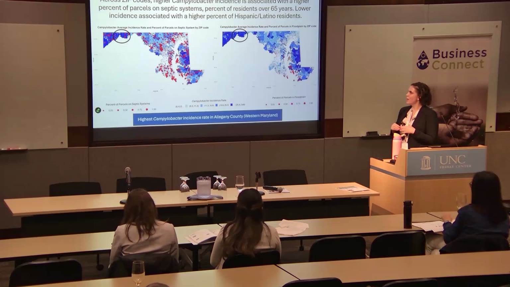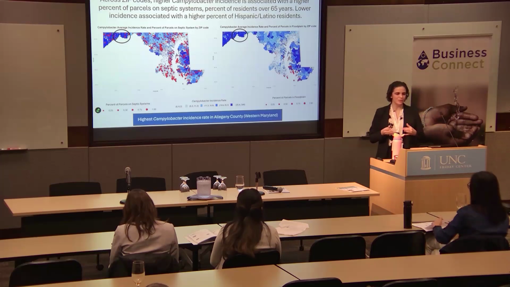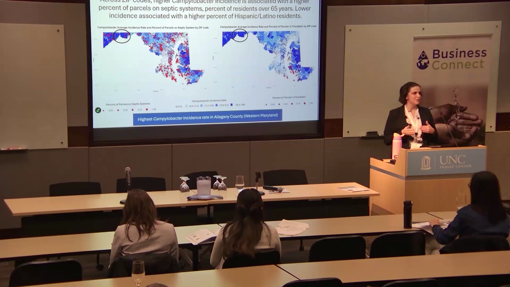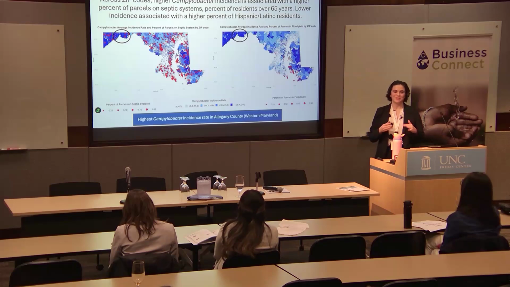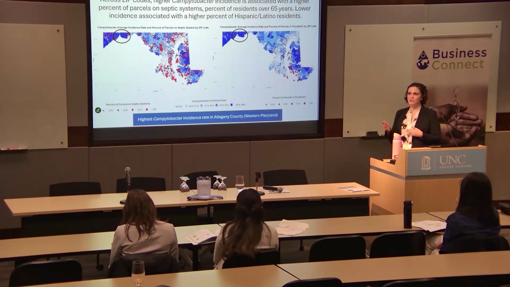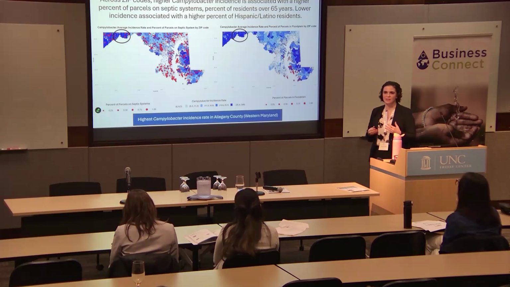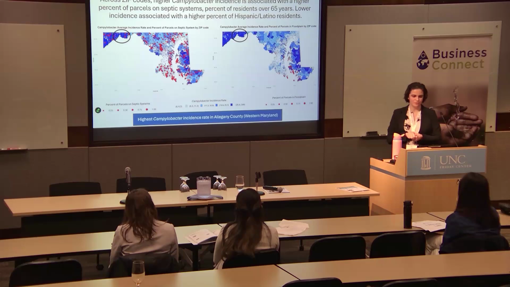When I ran this model, I was finding that across zip codes, higher Campylobacter incidence is associated with a higher percent of parcels on septic systems and a higher percent of residents over 65 years. There was also a lower incidence associated with a higher percent of Hispanic and Latino residents. What's interesting is we actually are seeing, unlike Salmonella, that floodplain did not remain significant in the multivariate negative binomial.